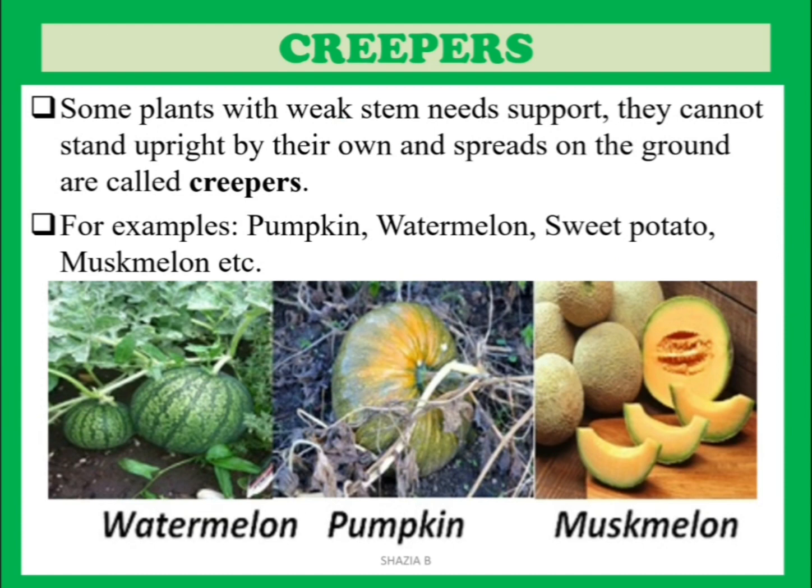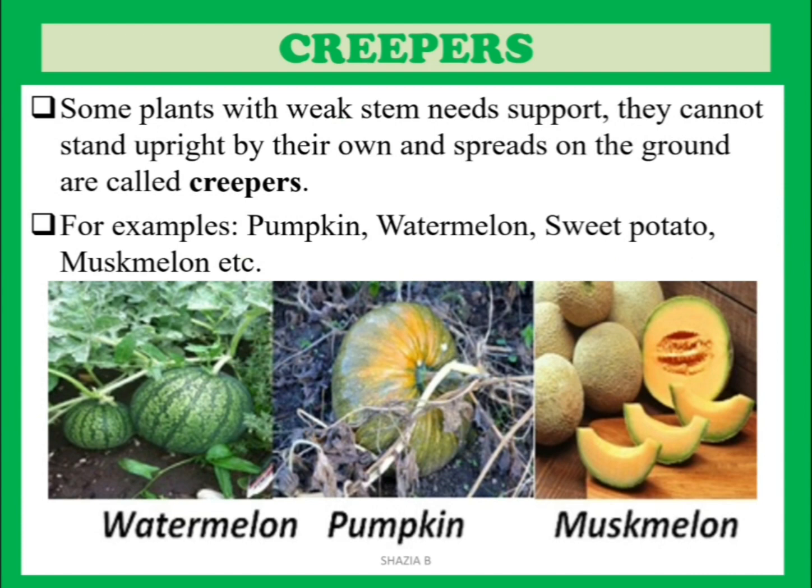Here are pumpkin and watermelon plants. This pumpkin and this watermelon are called creepers, because they creep along the ground. Such plants are called creepers.